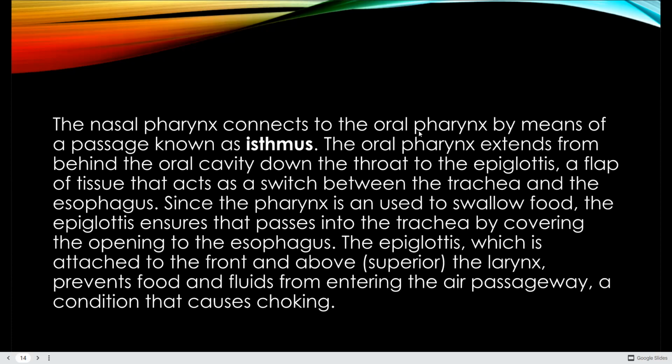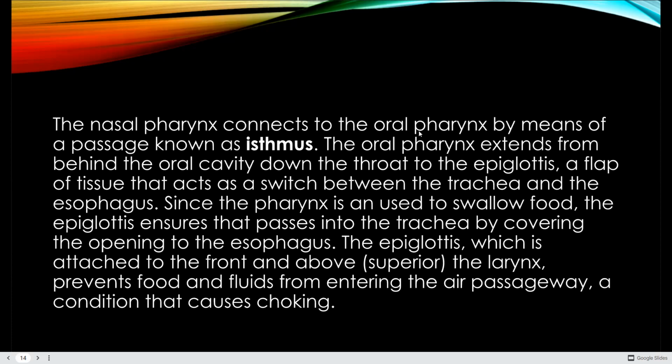When you eat, it is usually going to the esophagus. Since the pharynx is used to swallow food, the epiglottis ensures that food does not pass into the trachea by covering its opening.